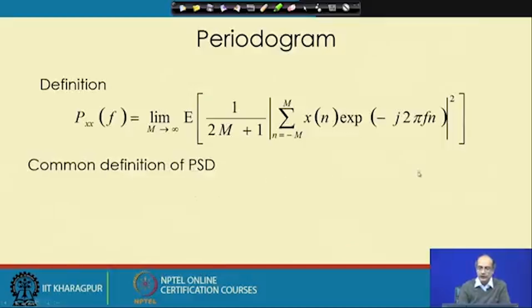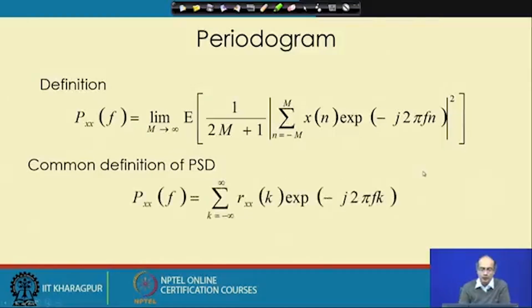So, now what we would like to know is, if we compare it with the standard definition of the PSD, which is again a sum from minus infinity to plus infinity, containing all the lags of the autocorrelation coefficient Rxx, and we take the Fourier transform of it to give the PSD.